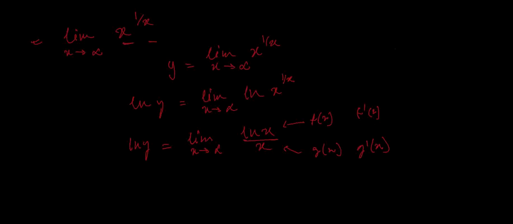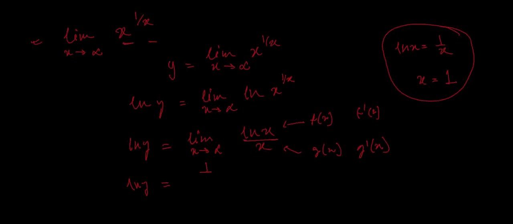The derivative of ln x is 1 by x, and the derivative of x is 1. So let's replace it. Ln y equals the limit of 1 by x divided by 1.